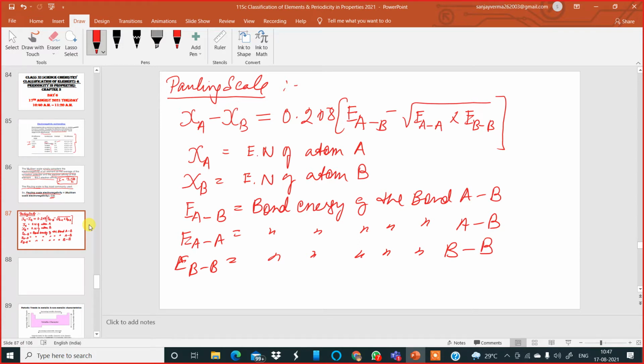By applying this formula, we can get the value of the electronegativity difference. Oh, you made a mistake over there.